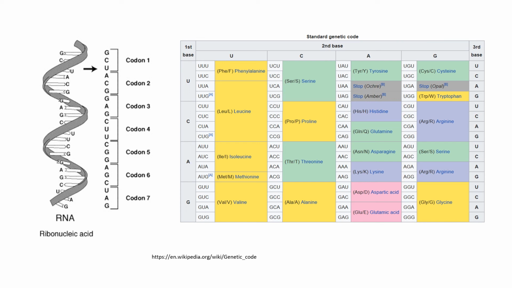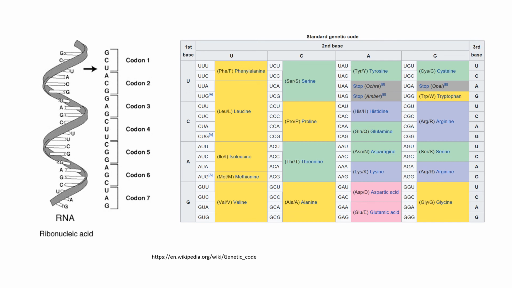Now, I had said earlier that there are 20 amino acids that make up the proteins in our bodies. Now, if we think about it, we said that each codon, each word, is made up of three letters.